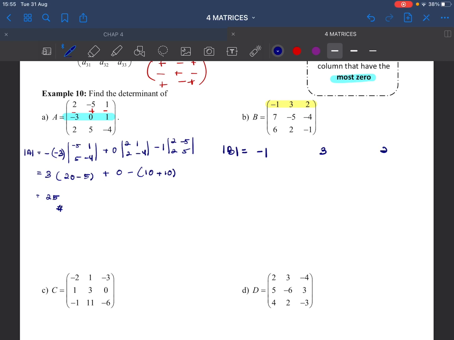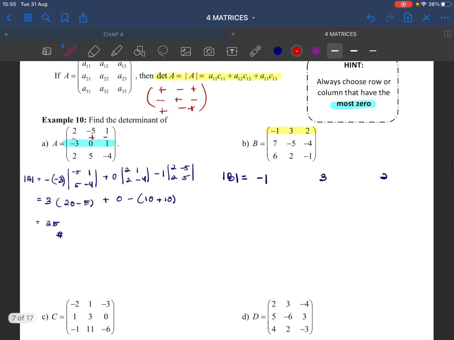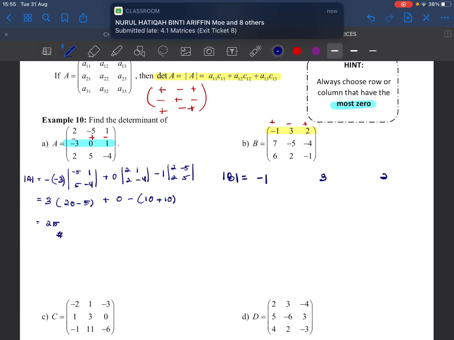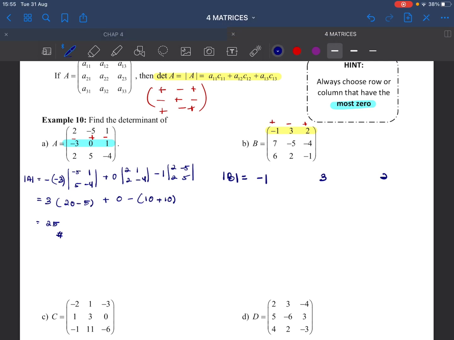And then we're going to consider the sign of our cofactor. So sign of our cofactor, itu semua berada dekat first row. So positive, negative, positive. So here positive, negative, positive. Okay, so we're going to multiply by the minor.